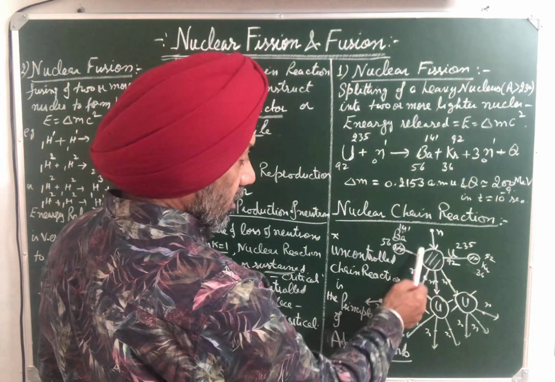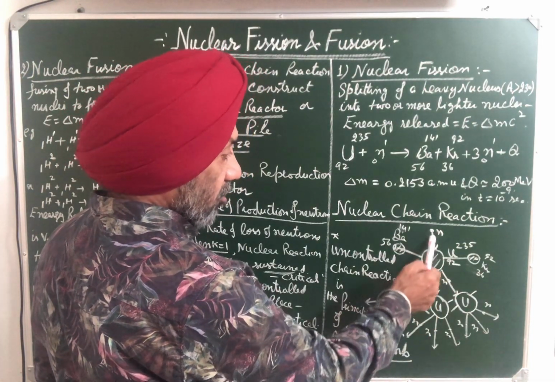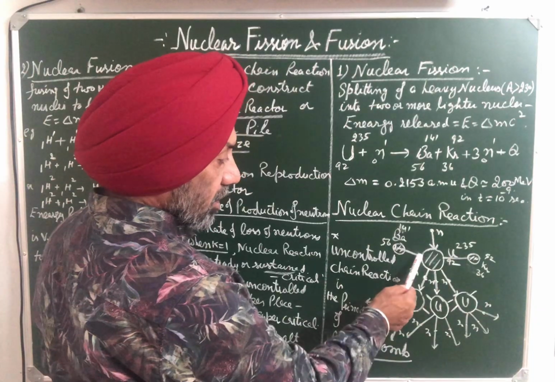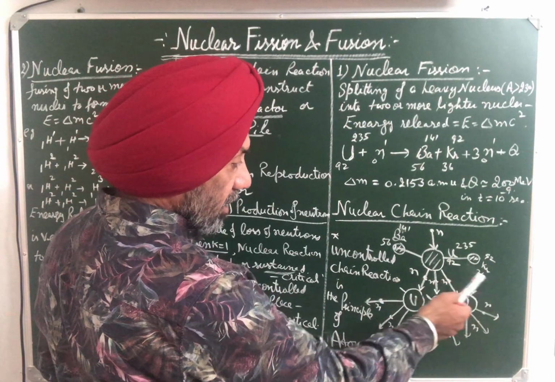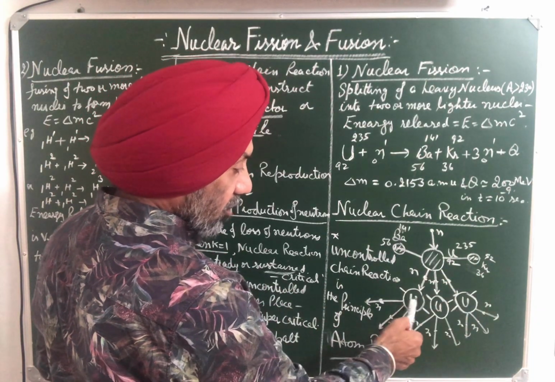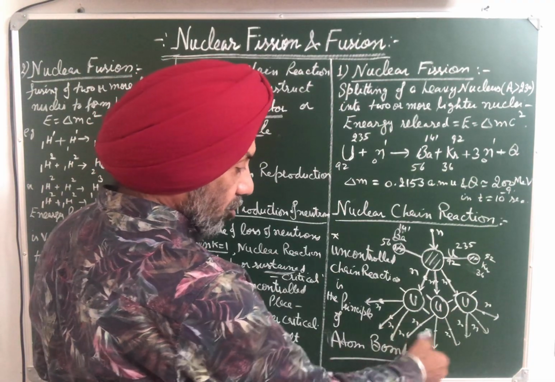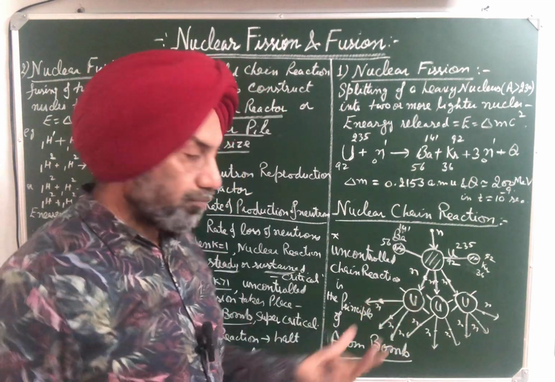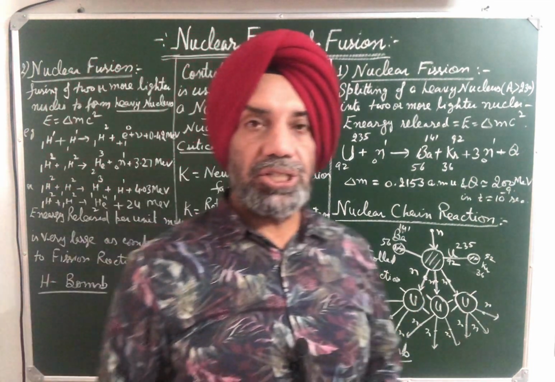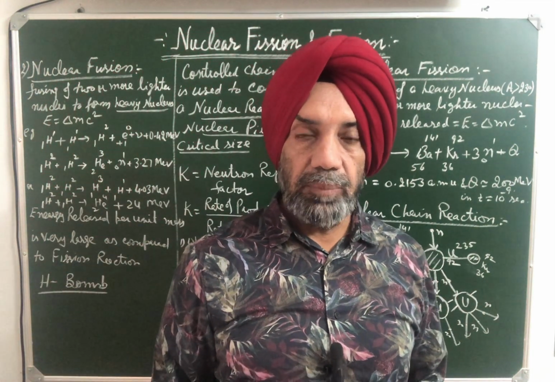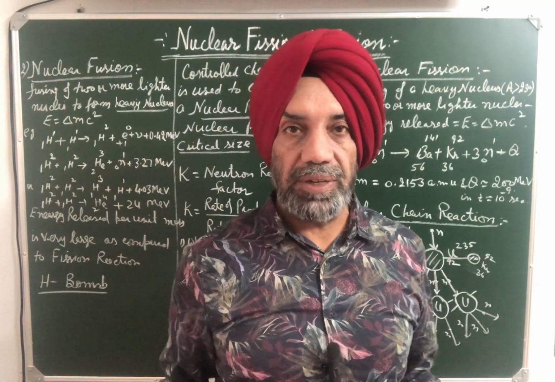So when one neutron is bombarded on uranium-235, it gives barium, krypton like this, and then 3 neutrons. These 3 neutrons further split 3 uranium-235 atoms, and 9 neutrons are produced, and so on. This process continues. Such a reaction is known as a nuclear chain reaction. It may become uncontrolled if it is not controlled.